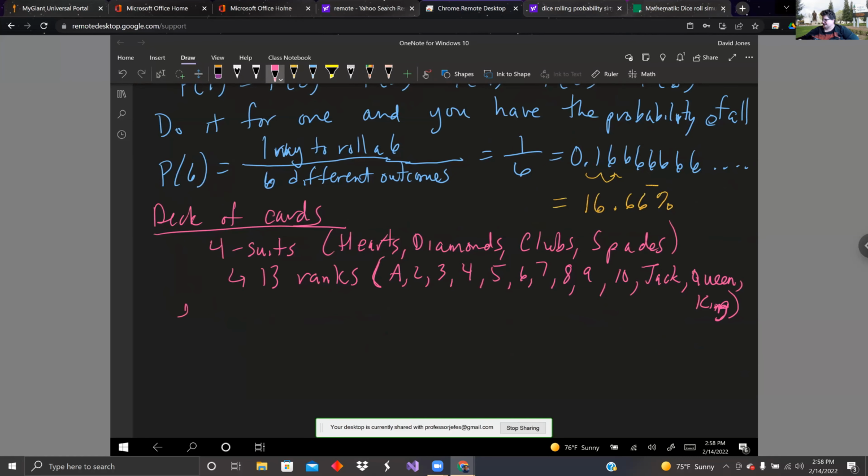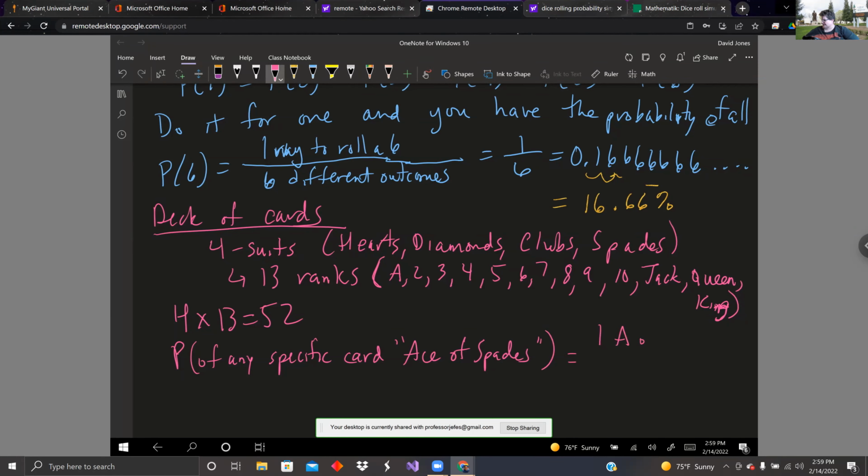Four times 13 is 52. There are 52 cards in a deck without jokers. So the probability of any given card, let's say the ace of spades for our example: there is 1 ace of spades in the deck.